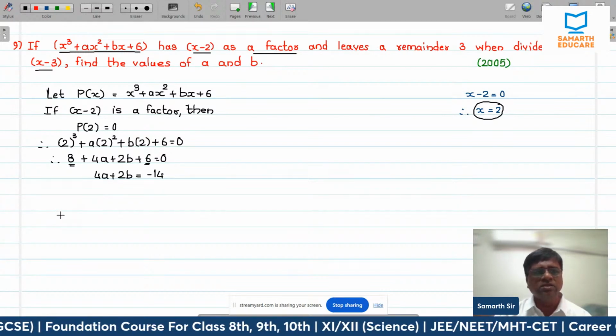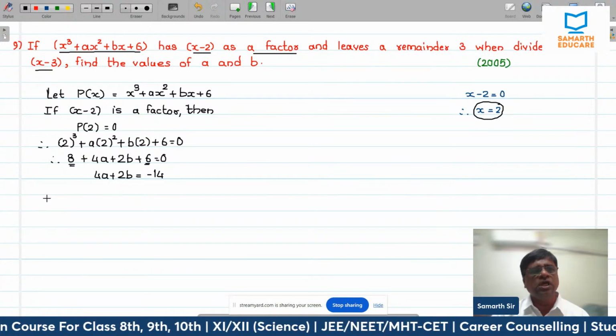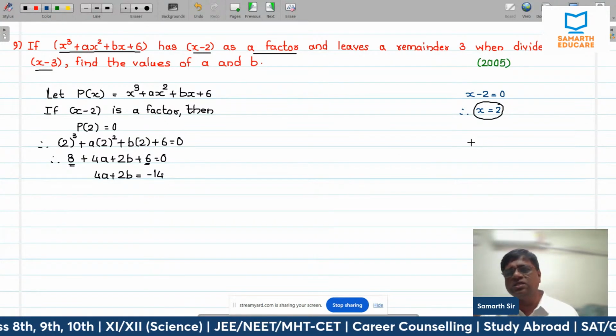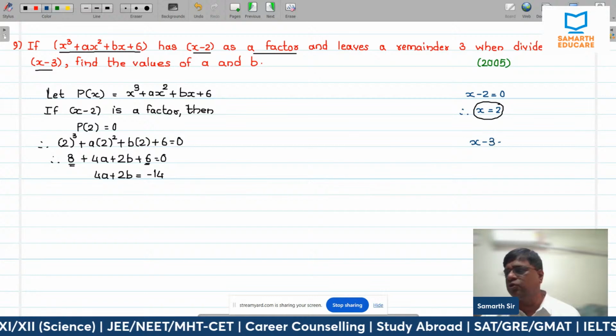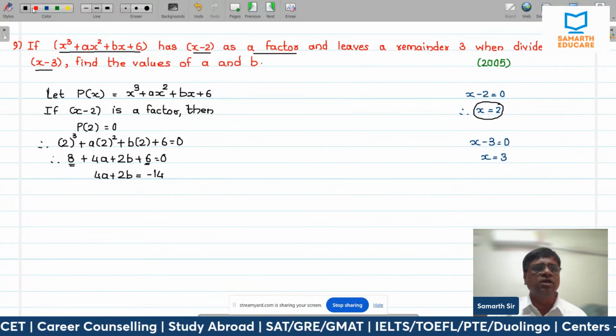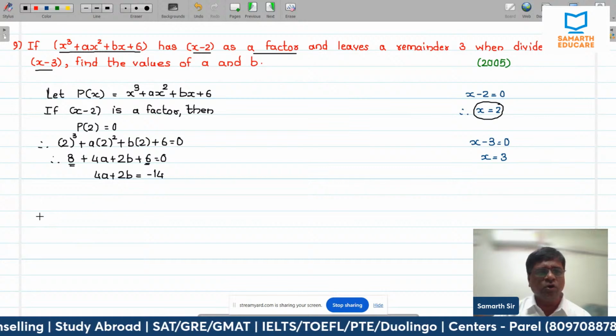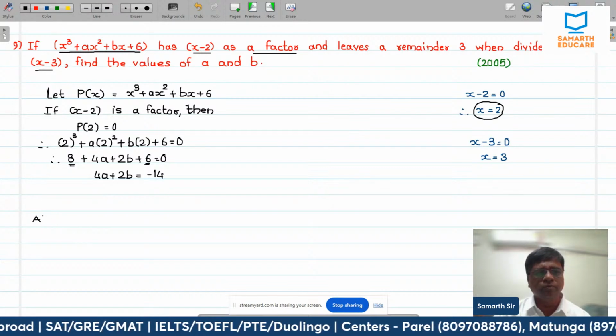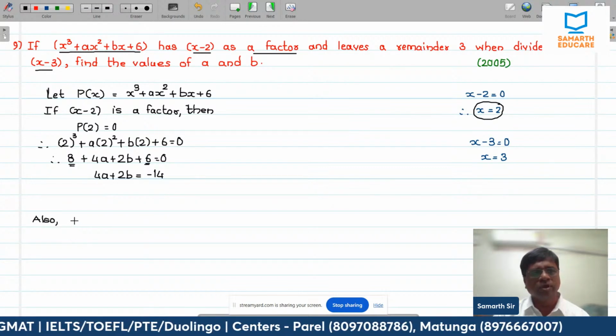It says x minus 3. Now see x minus 3 leaves the remainder 3, so x minus 3 की बात कर रहे हैं तो मुझे क्या लेना है? x का वैल्यू. रिमाइंडर थ्योरम के हिसाब से x का वैल्यू कितना आएगा? 3 आएगा, right. So let me find out also p of 3.